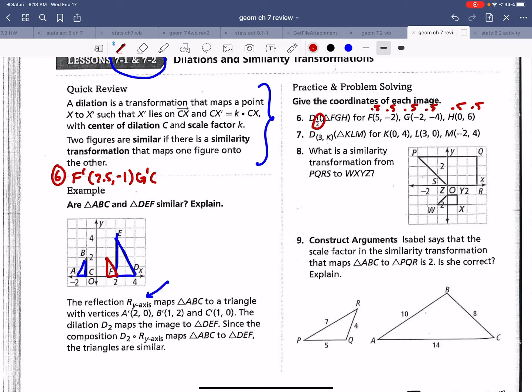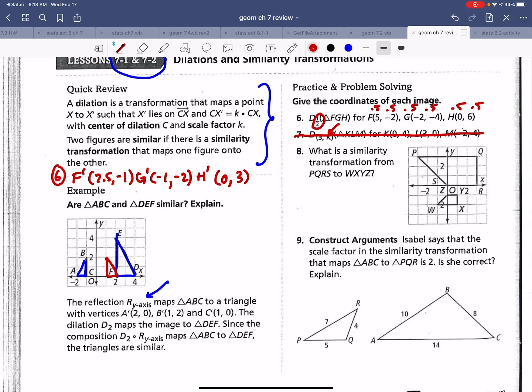G prime would be -1, -2, and H prime would be 0, 3. Now looking at number 7, this would not be on the test because we wouldn't have to dilate from a point without graphing, and I'm not going to have you guys graph.